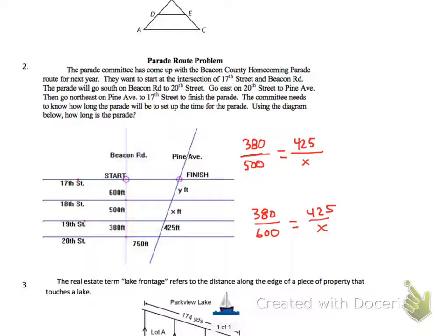And you can see it's following the same pattern, but instead of 380 over 500 right here, we're doing 380 over 600 equals 425 over y. I put x, I meant y. Okay. So with these two proportions, you can go through and solve for x and y. The way that those are set up, does it make sense?